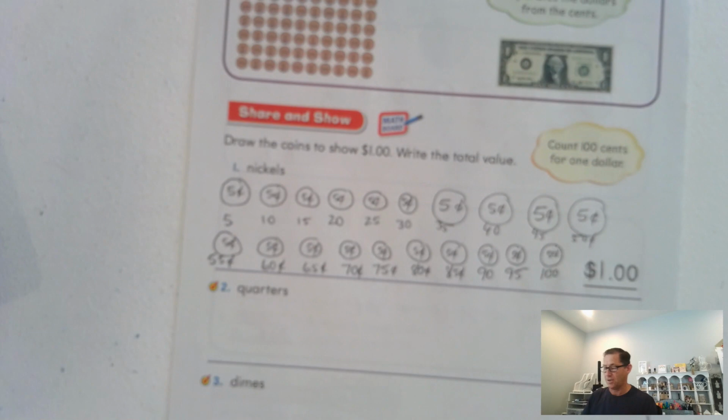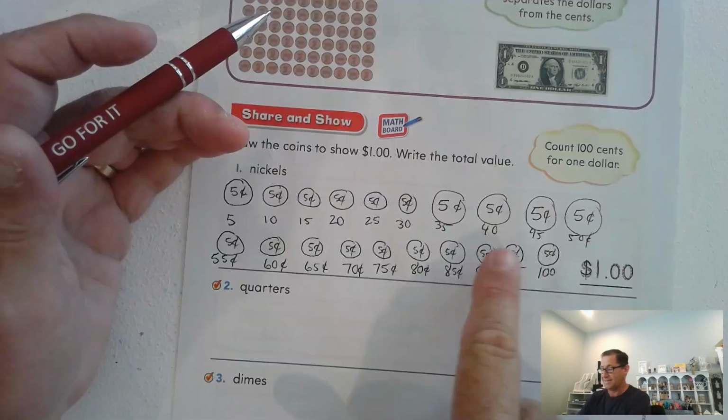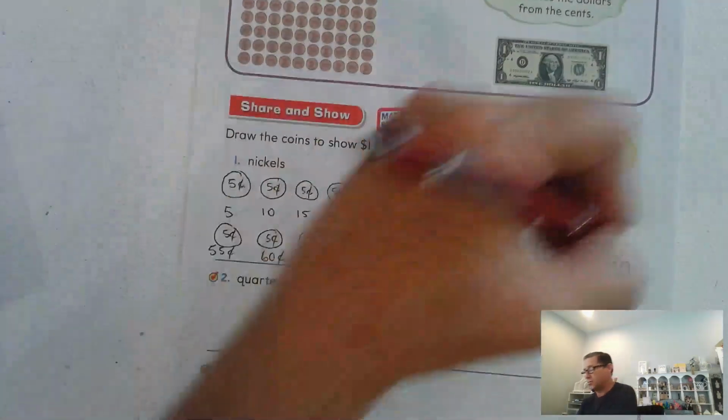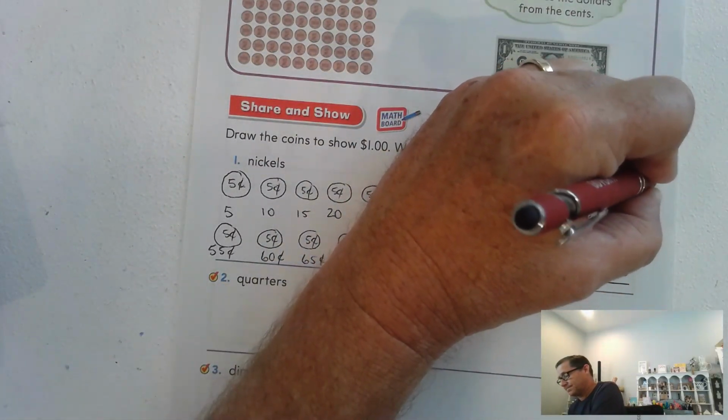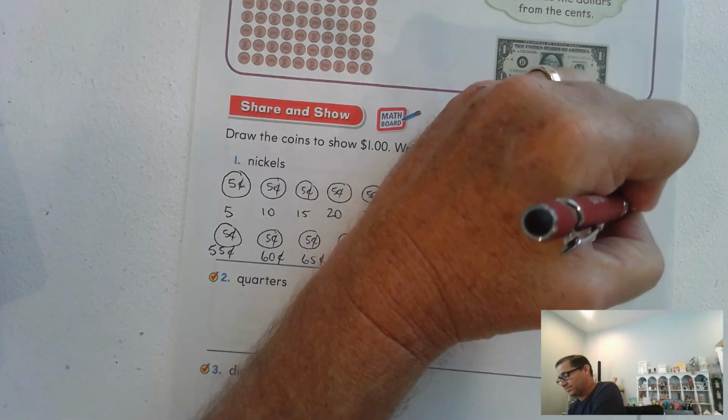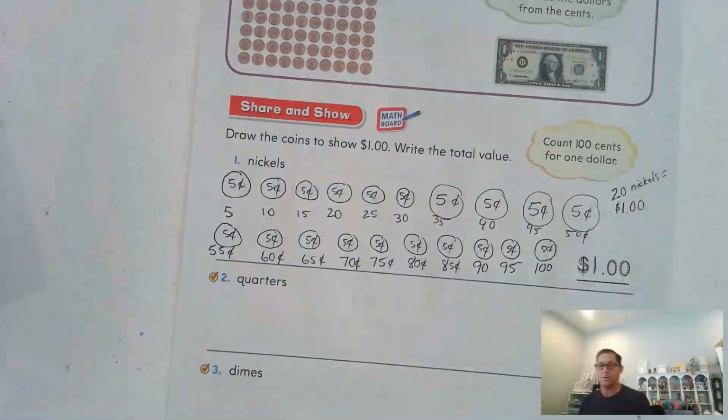So again, how many? Top row is 10, 11, 12, 13, 14, 15, 16, 17, 18, 19, 20. 20 nickels equals $1.